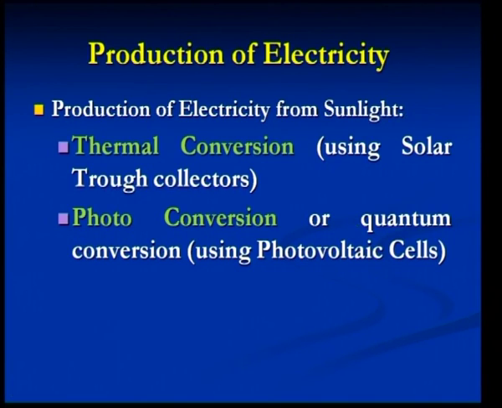Here we make use of what is called a photovoltaic cell. This photovoltaic cell has the capacity to convert the photo energy, the radiant energy from the sun, into electricity directly. Let us look into the details about these two types of conversions, which are essential to make use of such an abundant and freely available solar energy in our various activities.